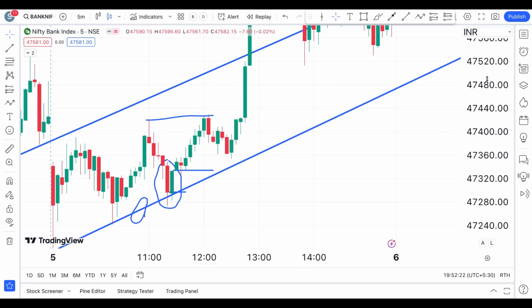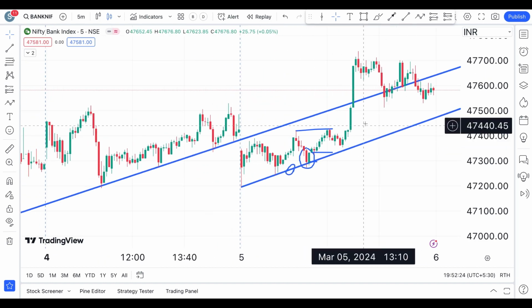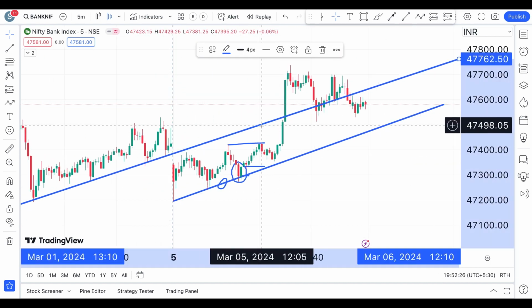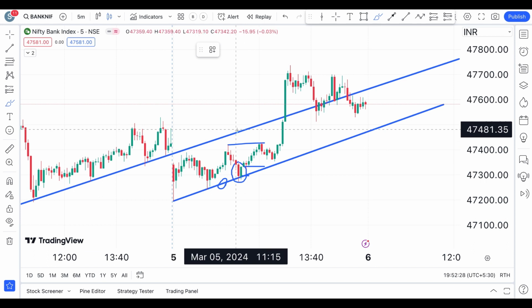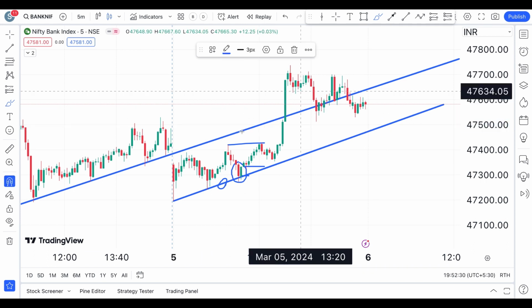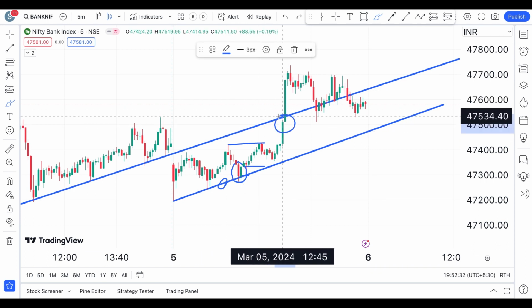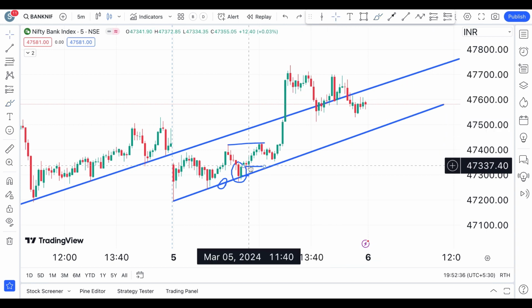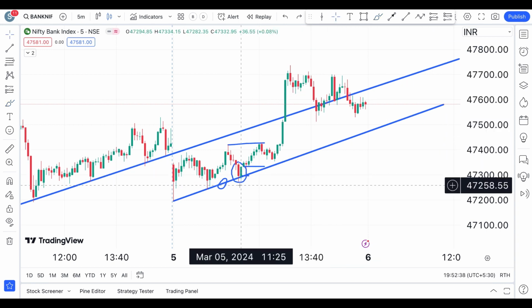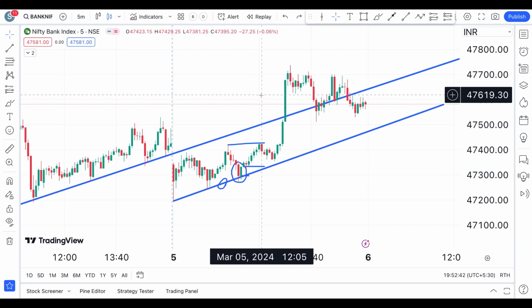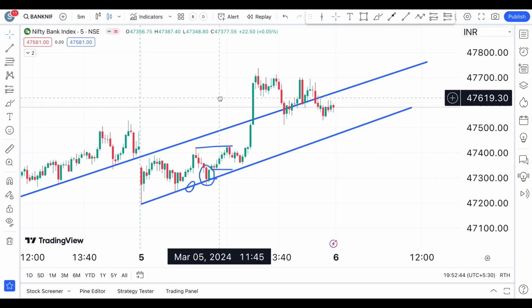So there are multiple ways where you can take exit. Some might have kept this trend line that is coming from yesterday as the target, so those also would have exited here. So there are multiple ways one can exit, but a clear sign of entry is seen at 11:20 and 11:25. Hope you have understood it so far.